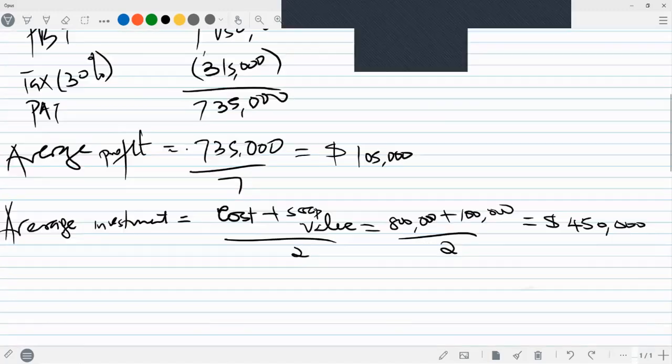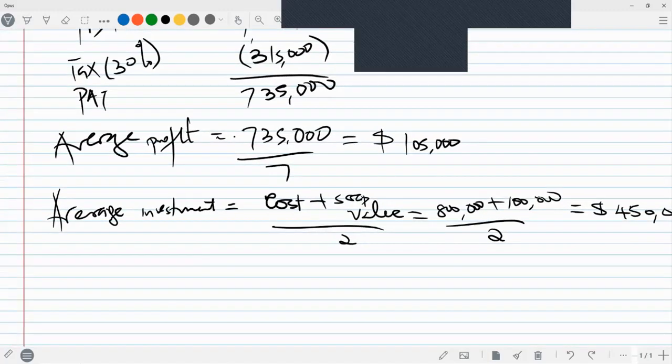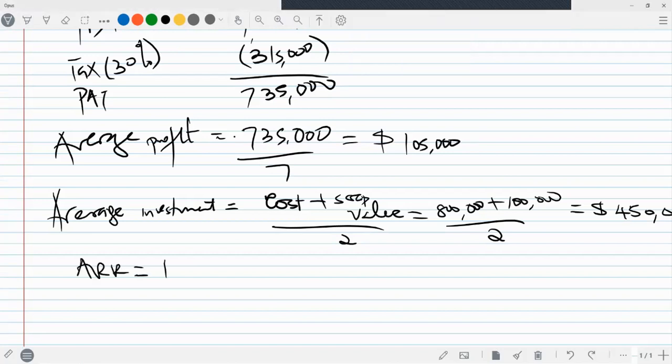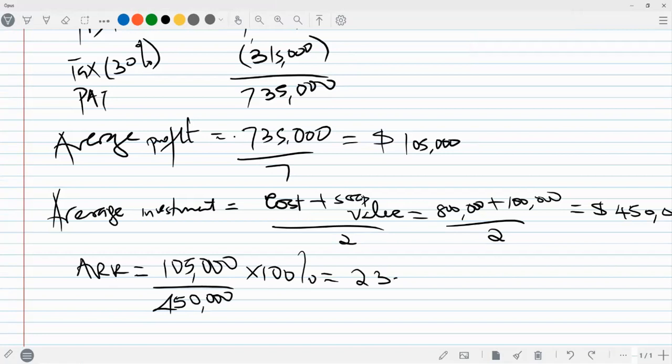Therefore, accounting rate of return, ARR, is average profit, 105,000, over average investment, 450,000, expressed as a percent. We get 23.3% to be the accounting rate of return.